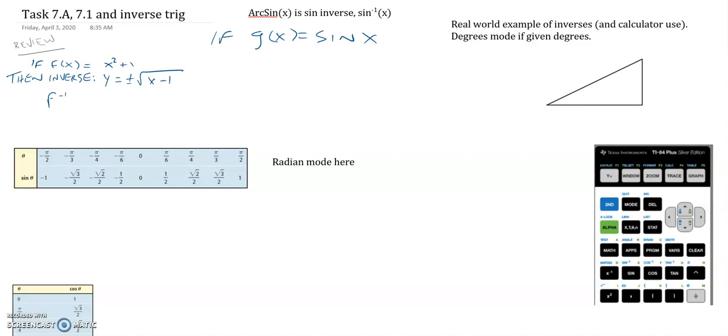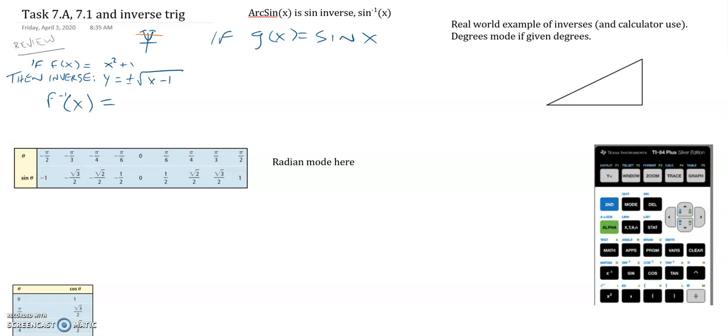To be a function, it has to have a one-to-one nature originally. So if you look at this parabola, the graph of a parabola up 1, this is clearly not a one-to-one function because the horizontal line test will break that. Remember, a horizontal line test is really just a vertical line test of the inverse.